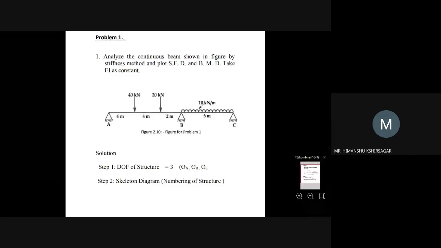Okay, so here you can see that this is the given beam. The figure is given, and you have to analyze this using the stiffness method. For the stiffness method we have derived the derivation.